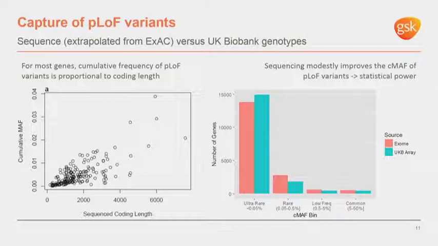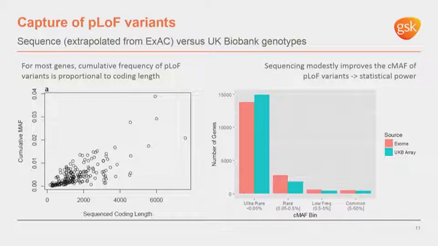And so your power to test for the effect of those loss of functions against your disease of interest is going to be largely governed by what we're calling the cumulative minor allele frequency of these loss of function variants. So take all of the loss of function variants in the gene, put them into a bucket, treat them as essentially a loss of function genotype, and put that into your analysis.